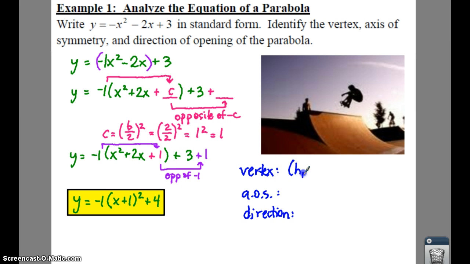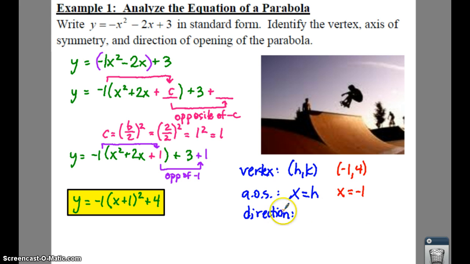So if that's an h comma k, that means your vertex is going to end up being -1 comma 4. For the h, you always put the opposite of whatever you're given. So you have -1 comma 4. Your axis of symmetry is just x is equal to h, so your h ends up being -1. So you say x equals -1.